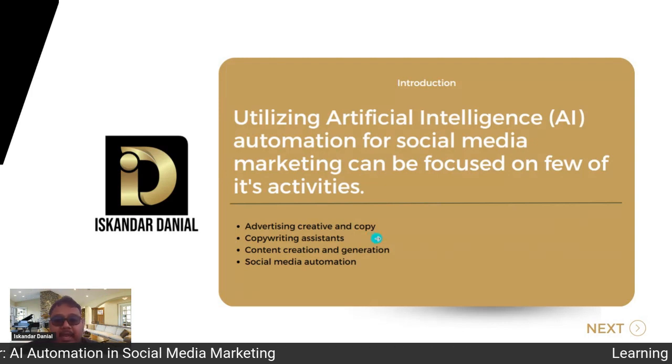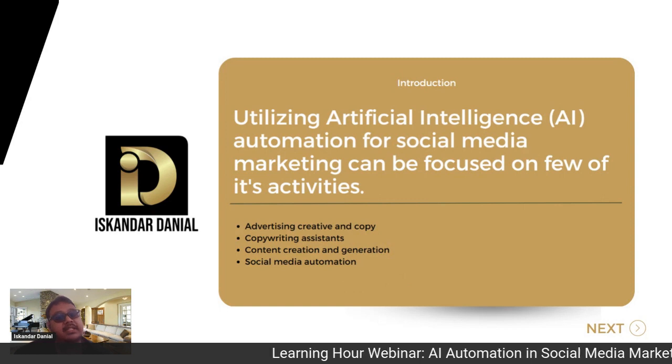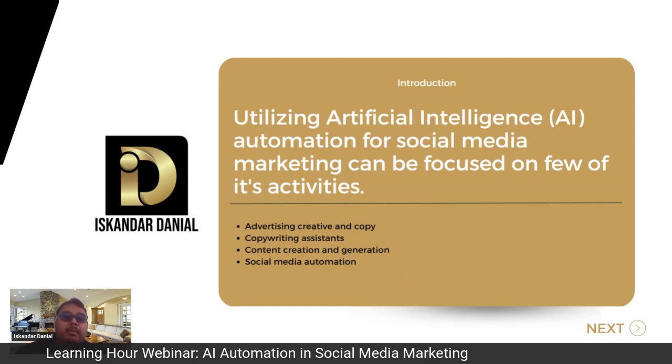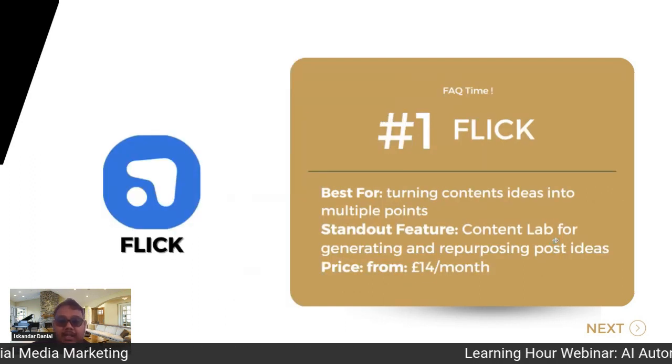Apart from that, there are also tools that can help you generate images that can be used as part of your advertisement or marketing collaterals, such as posters. So let's move on.